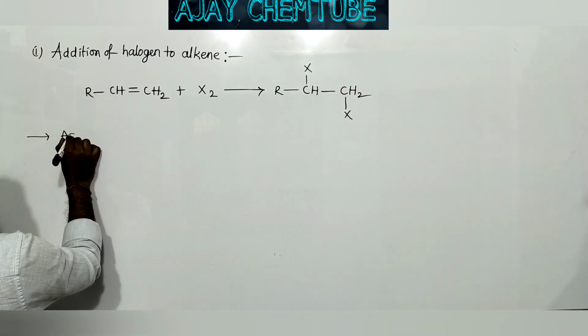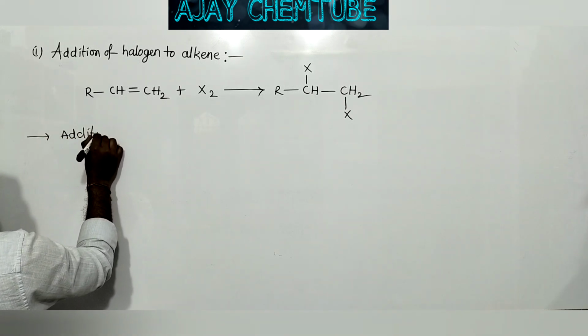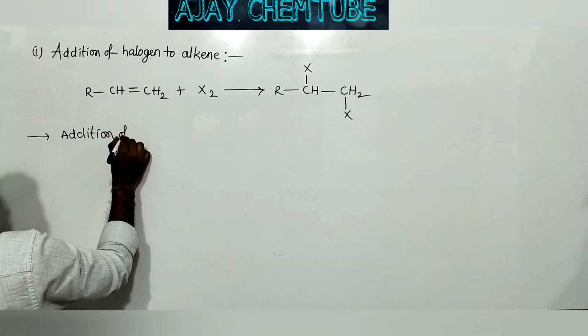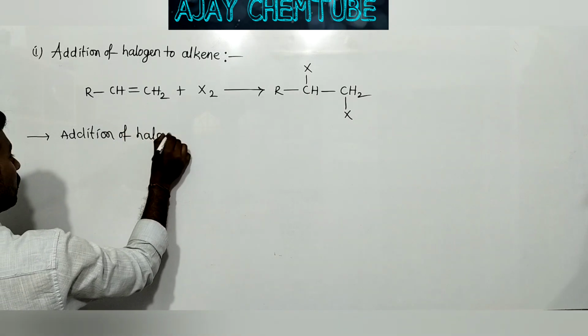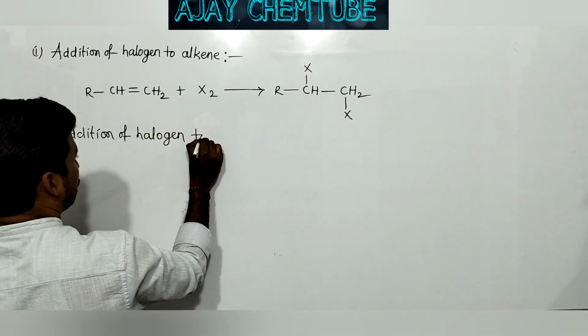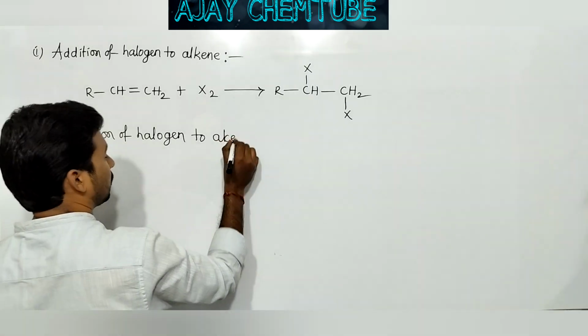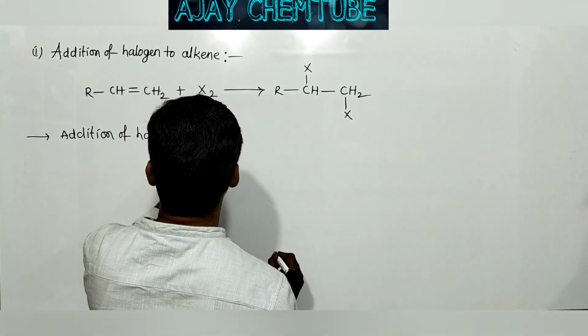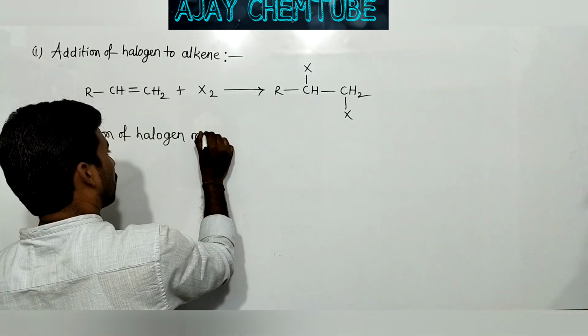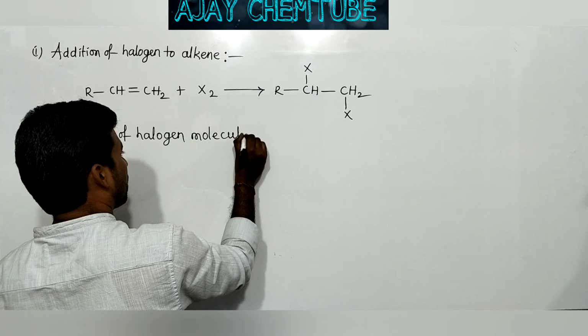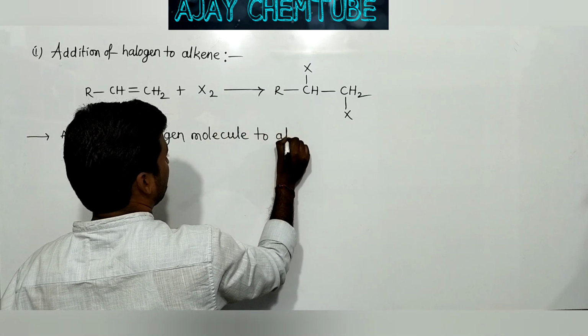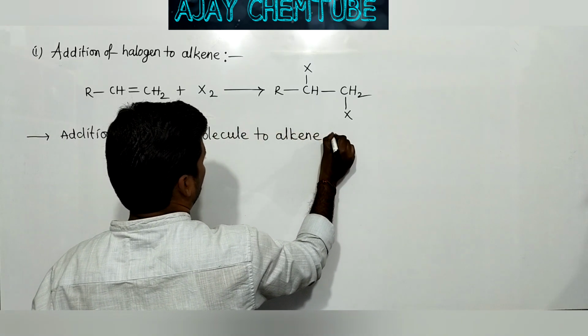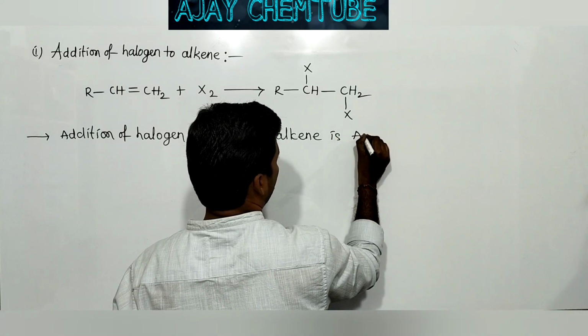Addition of halogen molecule to alkene is which addition? Anti-addition.